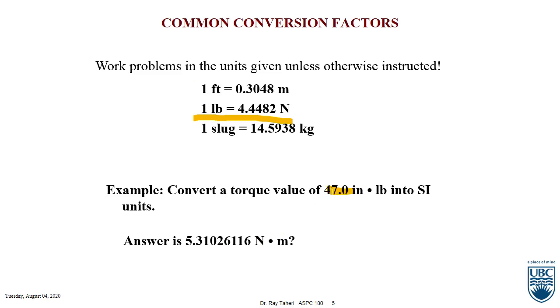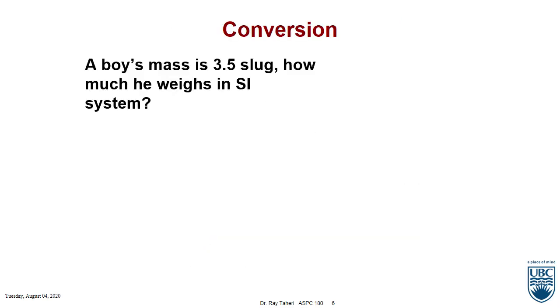We have 3 significant figures, so we also have 3 significant figures in the rounded answer, 5.31 Newton meter. I'm sure you all got the same answer. If not, do a little practice and I'm sure you will get it eventually.